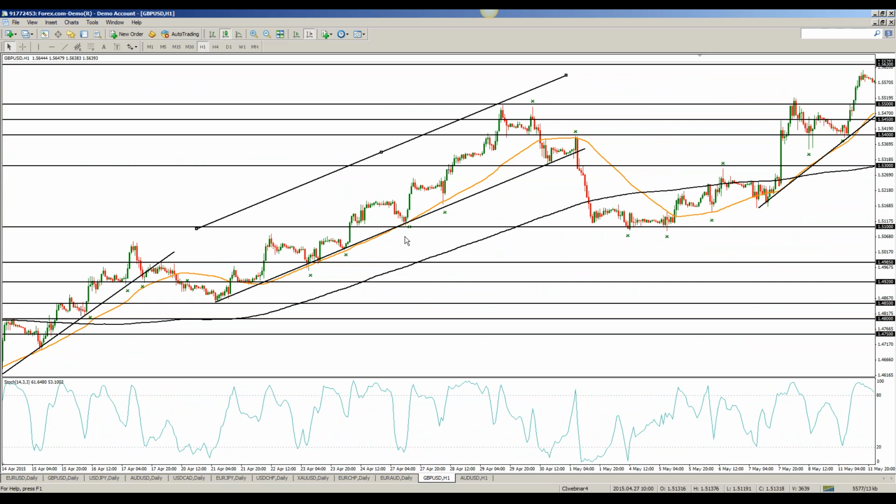Now, once you do this, what you can also do is use, in conjunction with your trend line and your moving averages, oscillators, much like what I have down here. And this is Stochastics 14, 3, 3. Very simple oscillator.